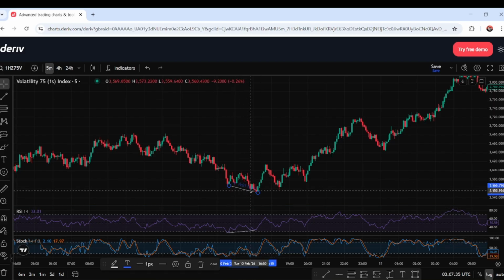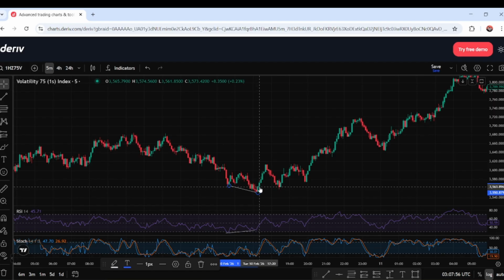When this is forming already, all you need to know is when the engulfment forms. If you are entering with a 5 minutes engulfment, you must know when the 5 minutes engulfment is forming. If you're entering on 1 minute, most times I prefer entering this particular trading strategy on 5 minutes.